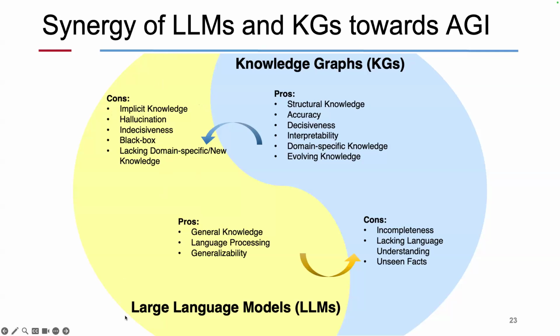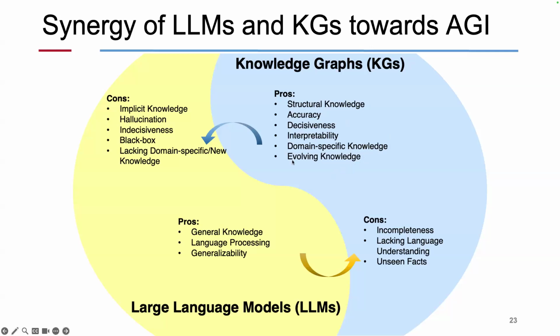For the knowledge graphs, they are structured knowledge, and also really accurate, right? After we construct the knowledge, it remains stable. It also provides a lot of interpretability and domain-specific knowledge, which may help us in many downstream applications.